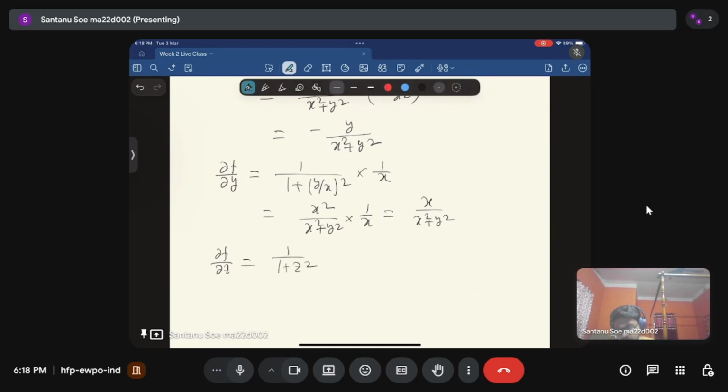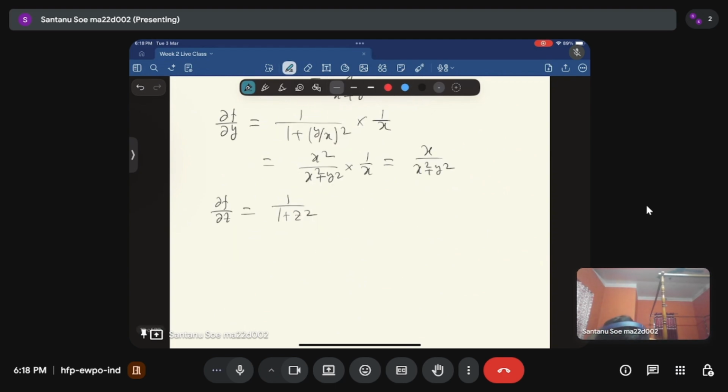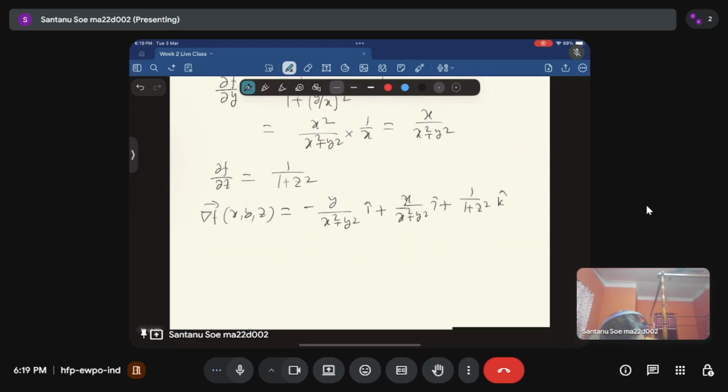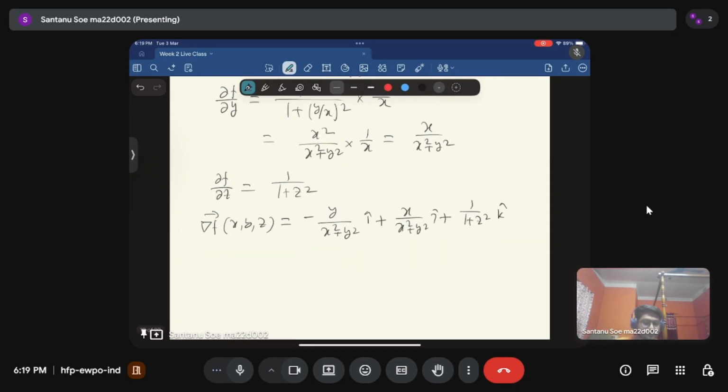Okay, so our gradient of f at the point x y z is given by minus y divided by x square plus y square i cap plus x divided by x square plus y square j cap plus 1 by 1 plus z square k cap. Okay, now we have to just evaluate this gradient at the given point 2, 1, minus 2.